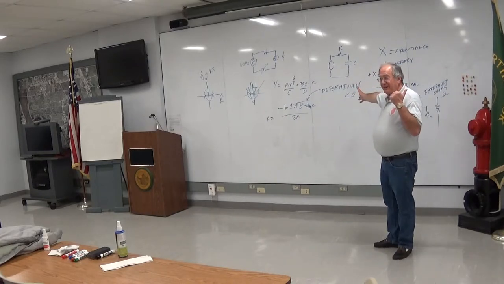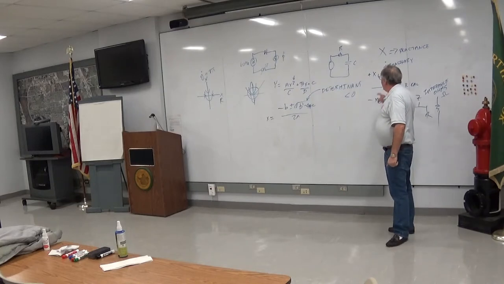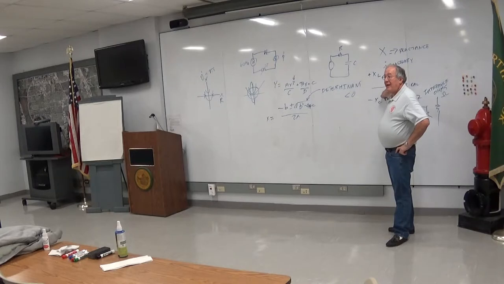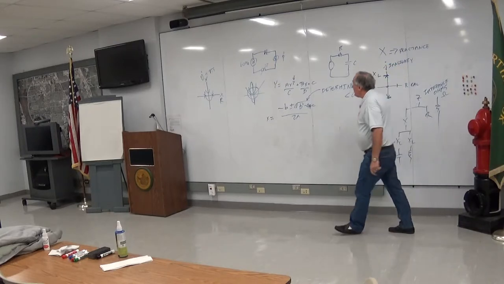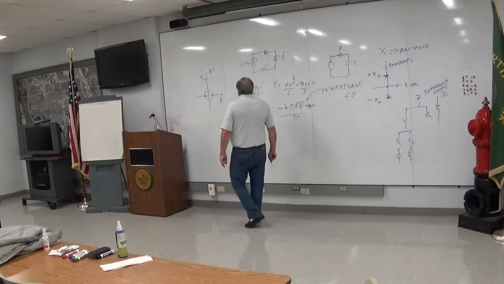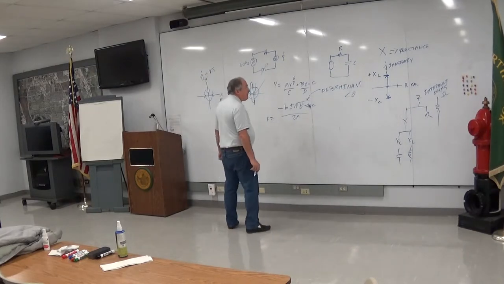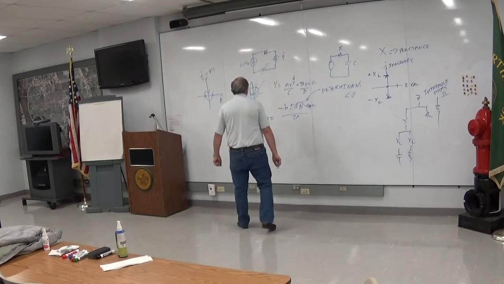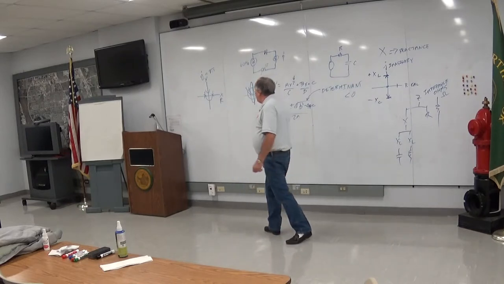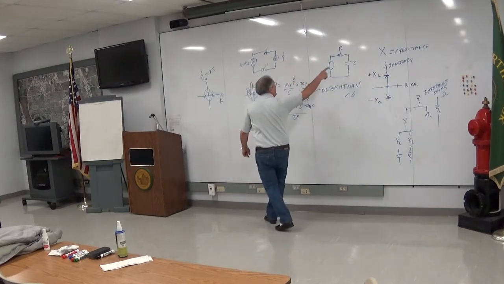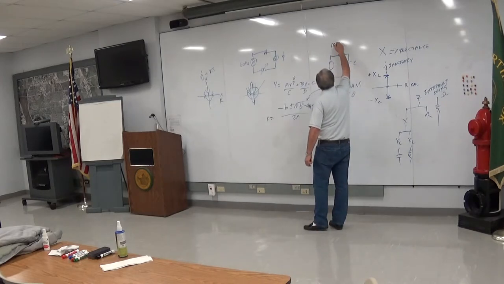That is what resonance is when you are down here and you've got your capacitor and your inductor equal and opposite in value, in ohms. So if I say somewhere, I probably erased it. I had something where I said, okay, we've got a circuit like this, and this thing was 100 ohms.